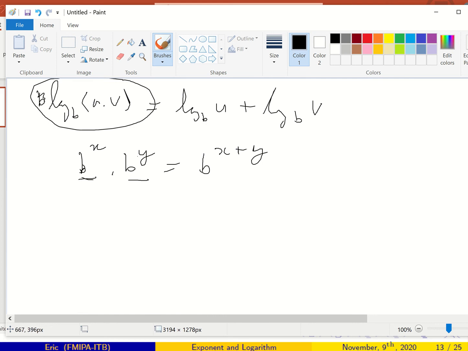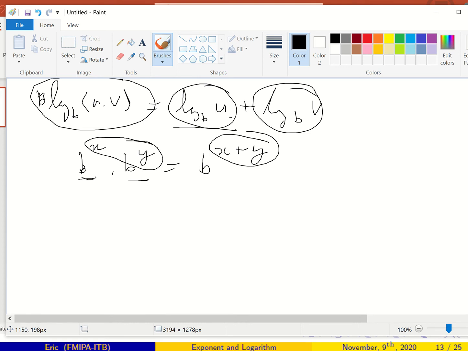So if I have multiplication with base b, what is the connection between the exponents? The exponent of a multiplication is the addition. This is just the addition of the exponents, the sum of exponents.